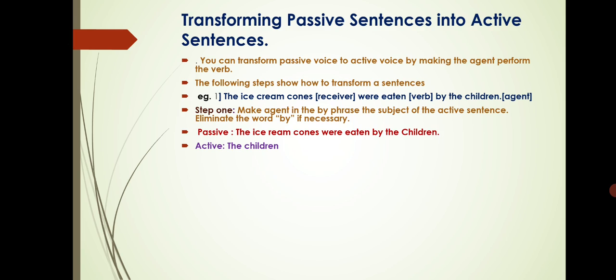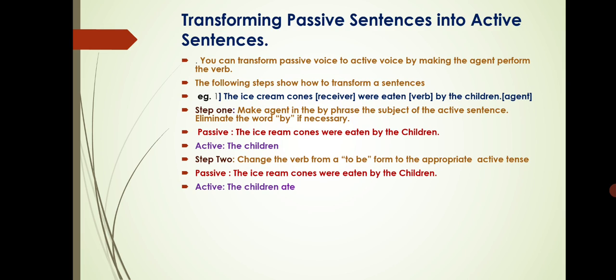The ice cream cones were eaten by the children. In the active sentence, we will keep the children at the beginning. Step 2. Change the verb form to be form to the appropriate active tense. You have to change it according to the need of the tense.